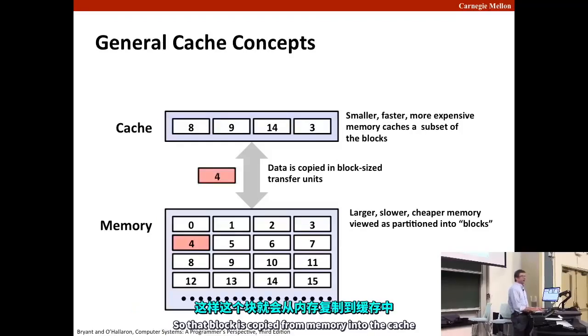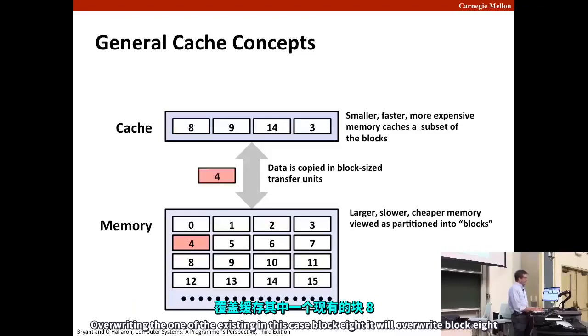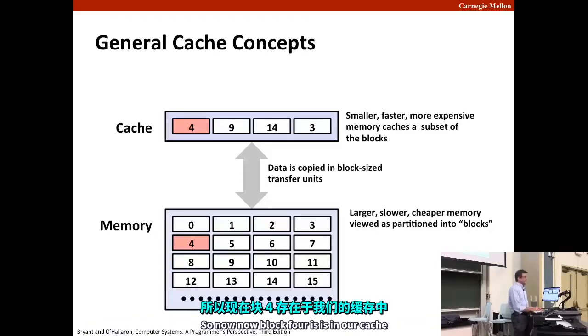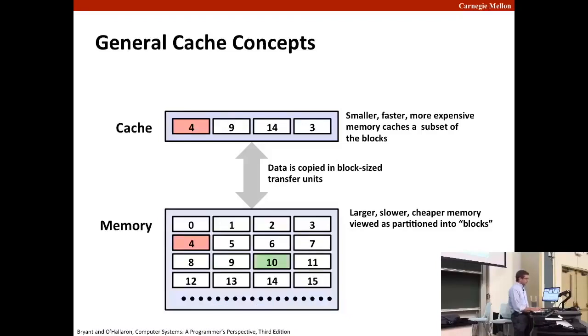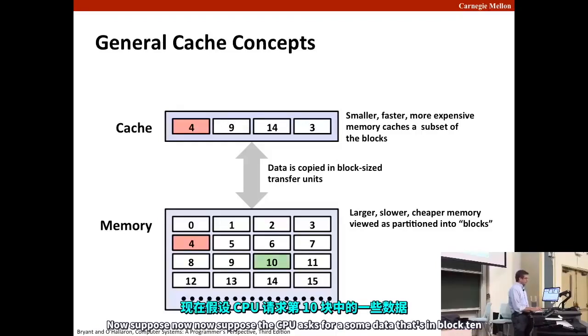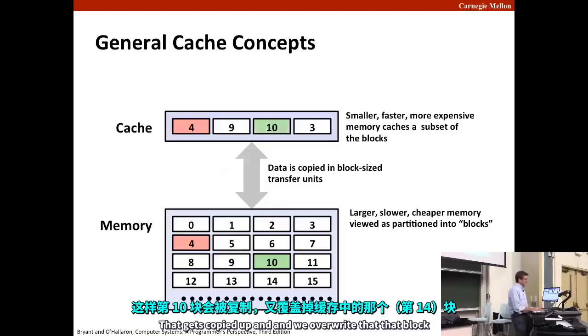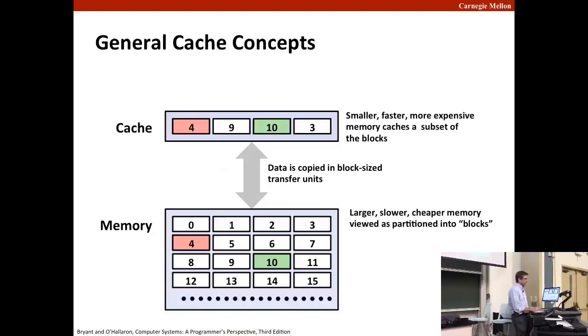That block is copied from memory into the cache, overwriting one of the existing blocks, in this case block 8. So now block 4 is in our cache. Now suppose the CPU asks for some data that's in block 10. That gets copied up and we overwrite that block.